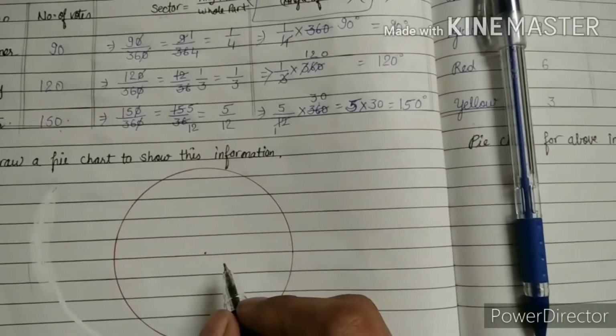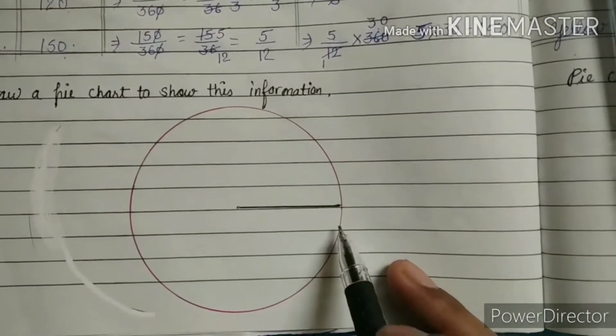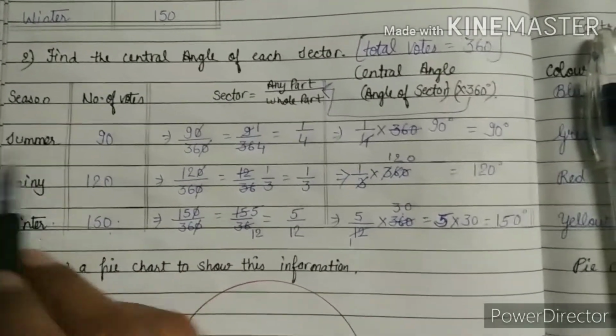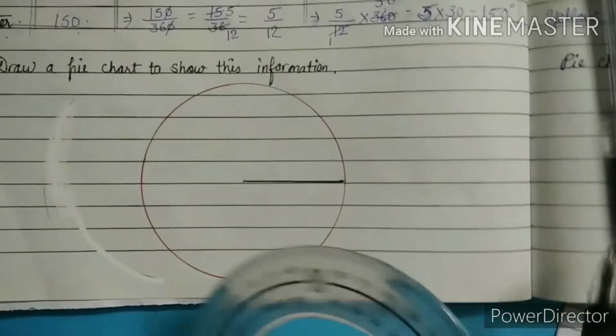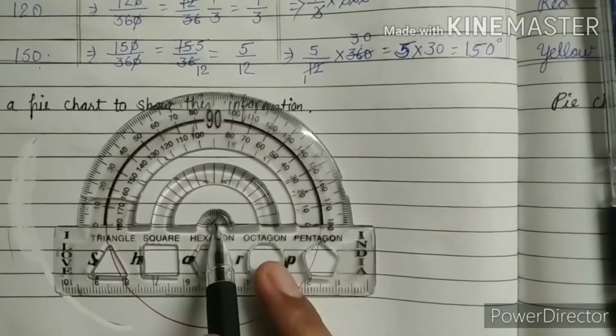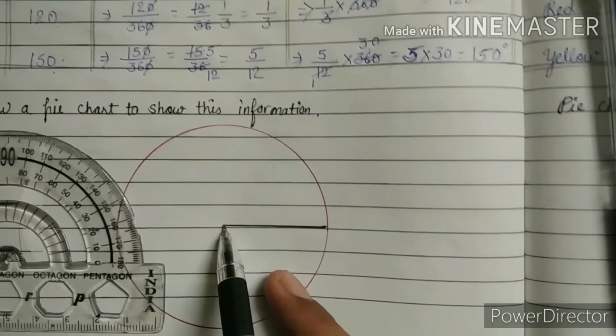Okay, let's see how to draw. So here I draw the radius of the circle, and now the first season, summer season, has central angle of 90 degree. So here I will put protractor. Protractor middle point will go on the center of the circle. Here is center of the circle.